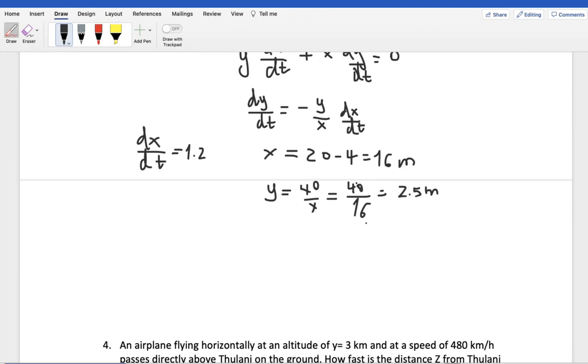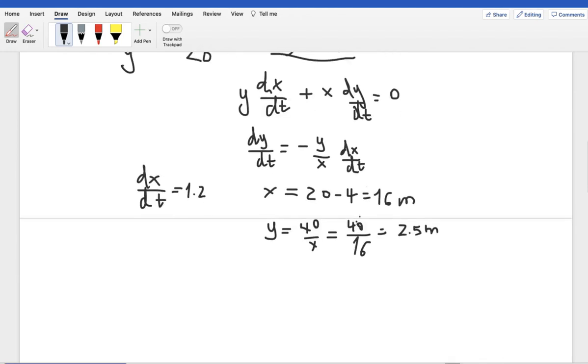And now that we have everything, we can find what is dy/dt. So dy/dt is equal to negative y, so negative 2.5, divided by x, which is 16, multiplied by dx/dt, which is 1.2.